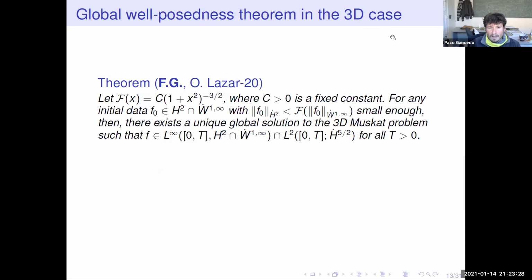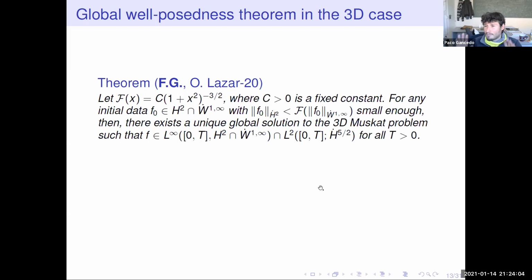We can have initial data in the critical setting, where the Sobolev critical space is H^2, and then what we have is a Lipschitz solution too. So we have initial data in H^2 with bounded slope, and the Sobolev norm is small, but you can have the Lipschitz norm as big as you wish. If this norm is very, very big, then the other has to be very, very small.